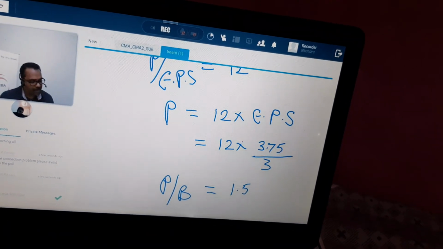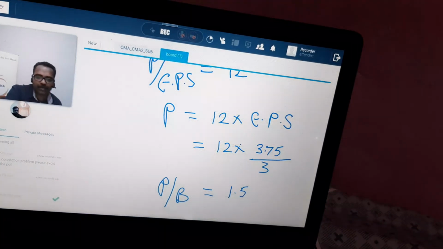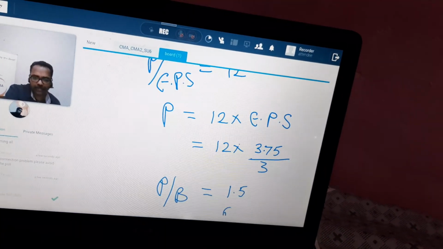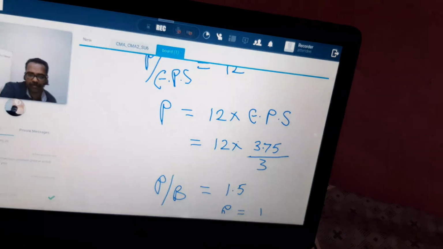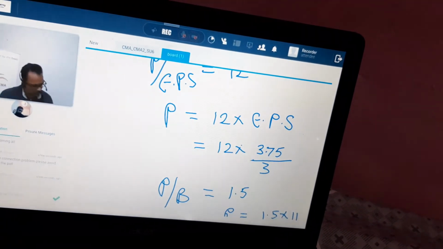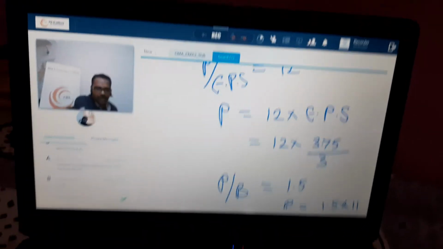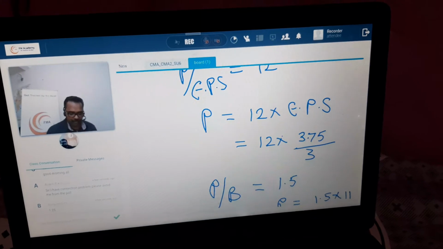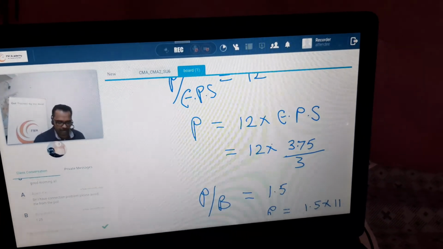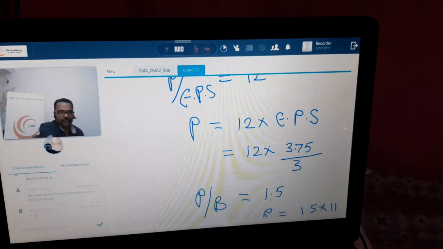You have how many shares? You have 3 million. So you have 11 as the book value per share. So what is the price? 1.5 into the book value, which is 11. Correct? So 1.5 into 11 is 16.5. B is the answer.